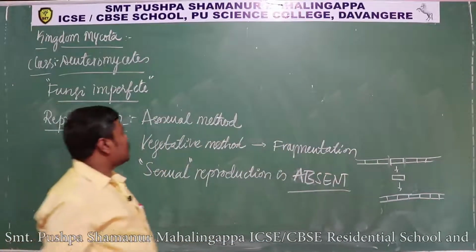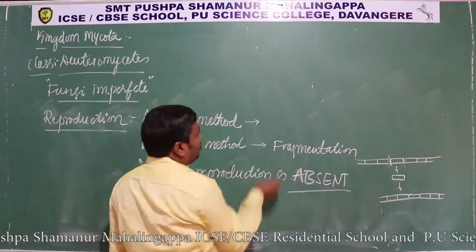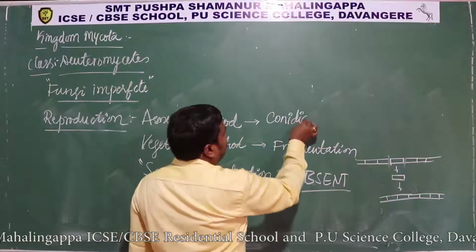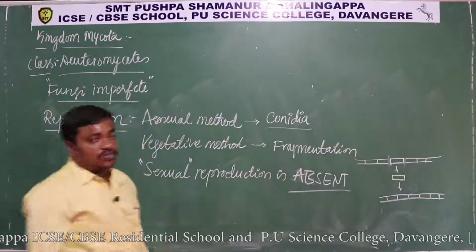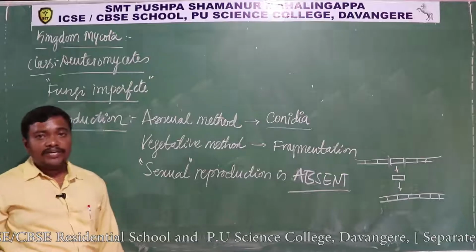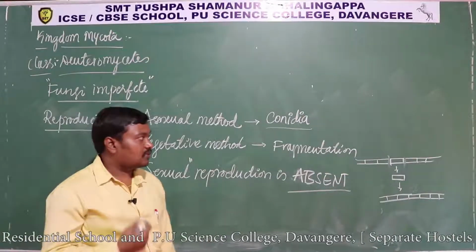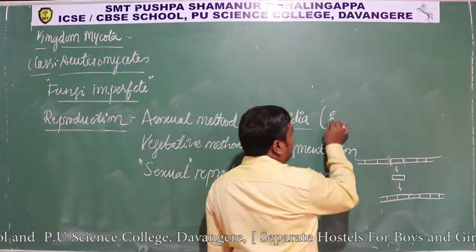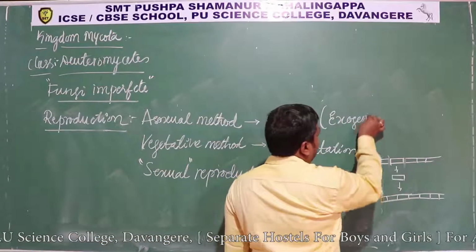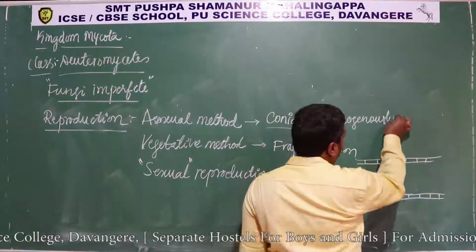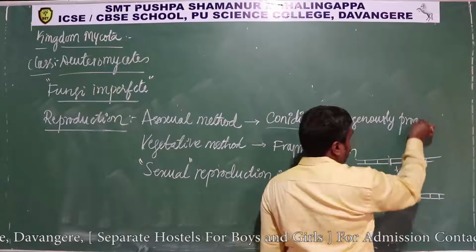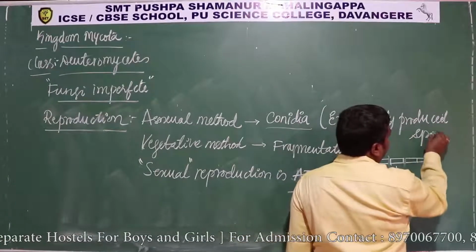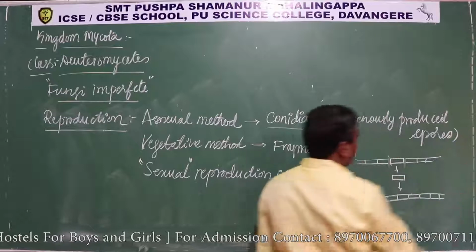And in the asexual method it produces conidia. Okay, so if you recall the definition of conidia, in the beginning class I told what those conidia are. So conidia are exogenously produced spores.